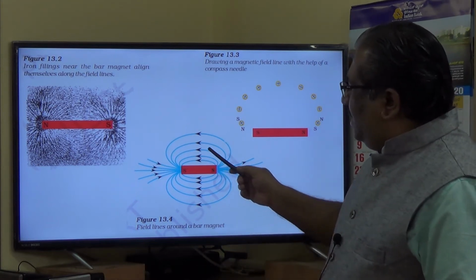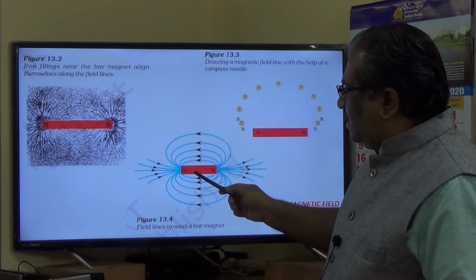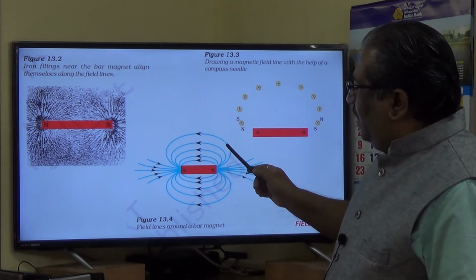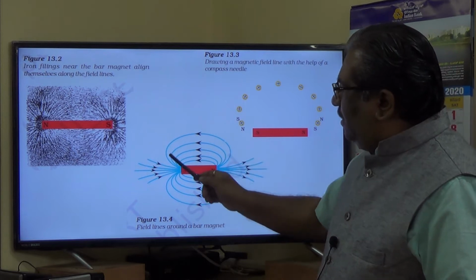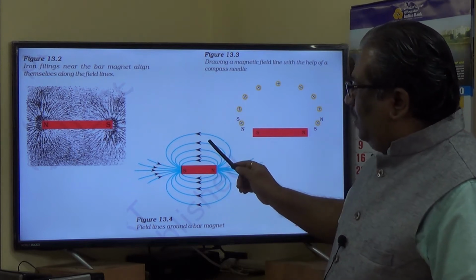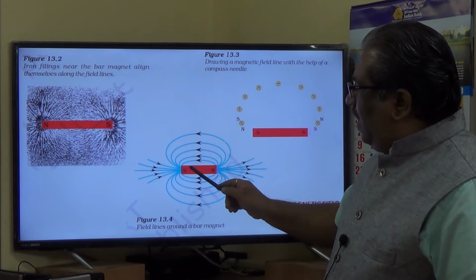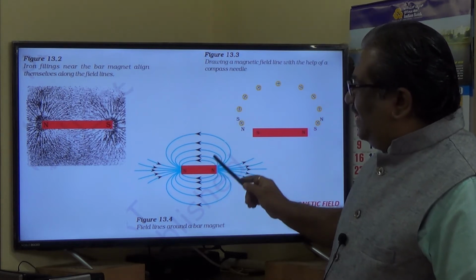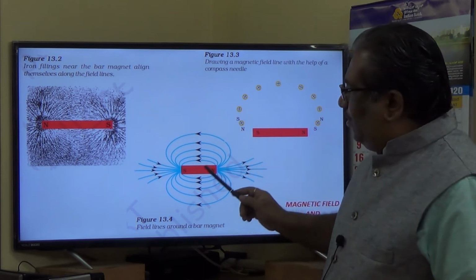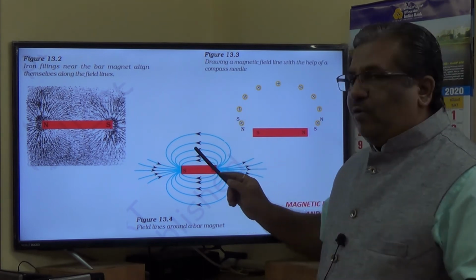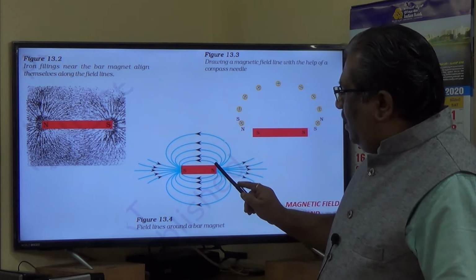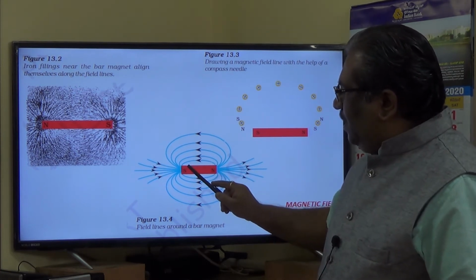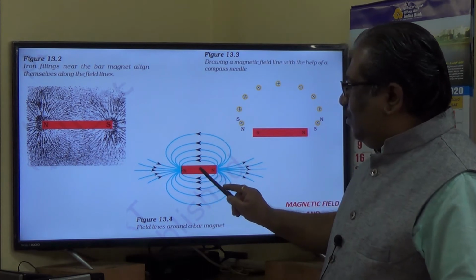Here the field lines emerge from the north and merge into the south. Emerge means they come out of the north, and merge into the south means they enter into the south. Also, these field lines are not discontinuous. The field lines are continuous over here, meaning these are closed curves, meaning externally the field lines go from north to south, but internally from south to north.